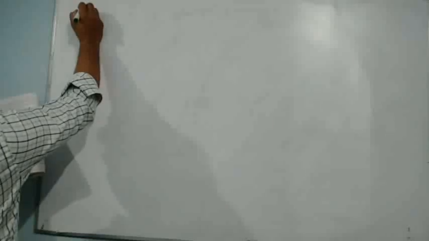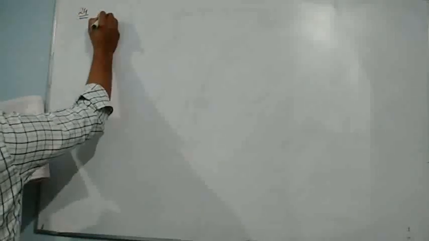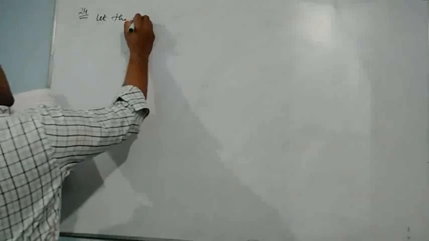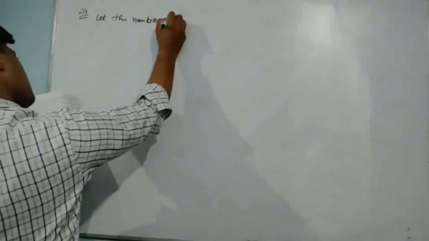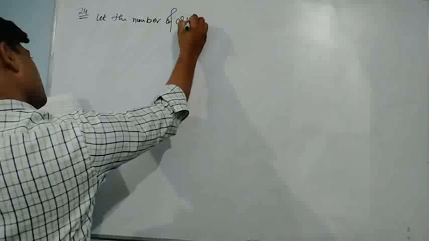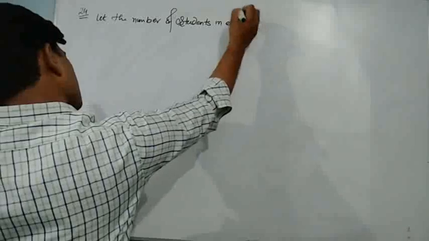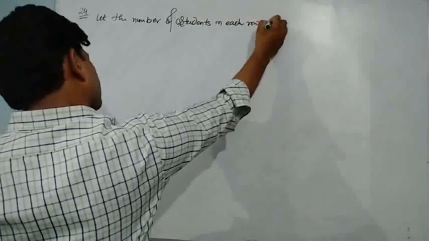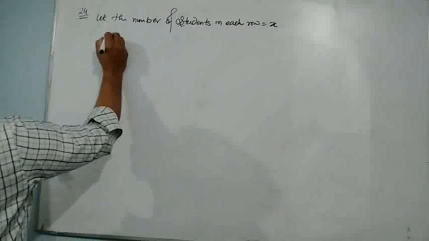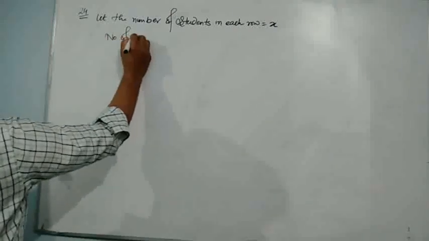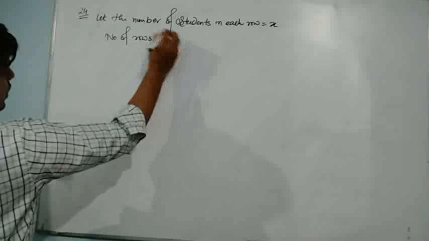Now see, what I said, let the number of students in each row be x. Question number 24, let the number of students in each row be equal to x and the number of rows be y.